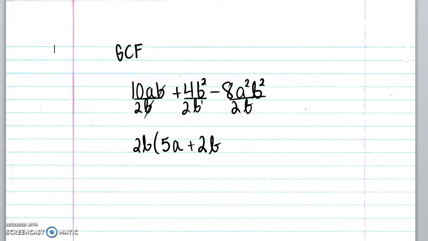Keep working left to right. Negative 8 divided by 2 is negative 4. That a squared right there, I don't have anything to divide it out by, so I can bring a squared down. B squared divided by b, subtract the exponents, is b. There's your answer.